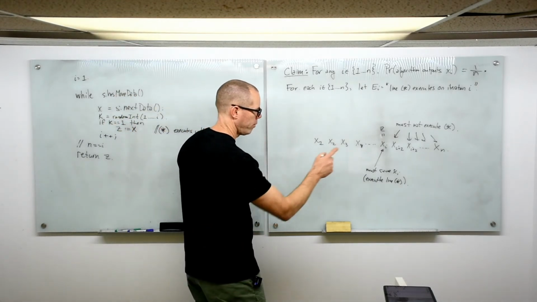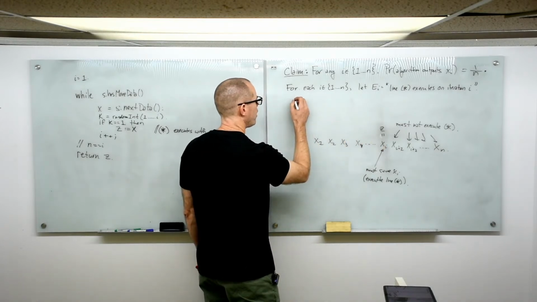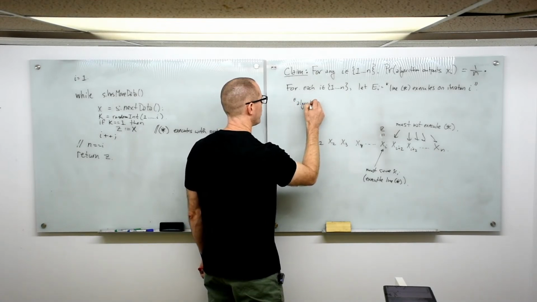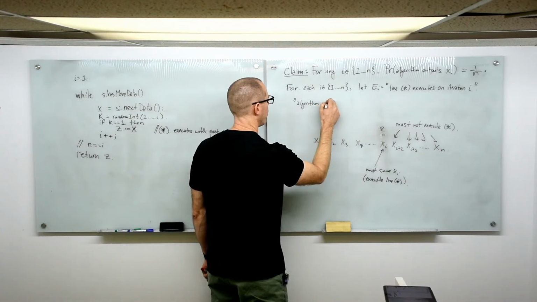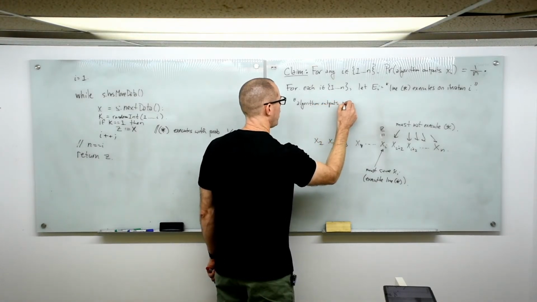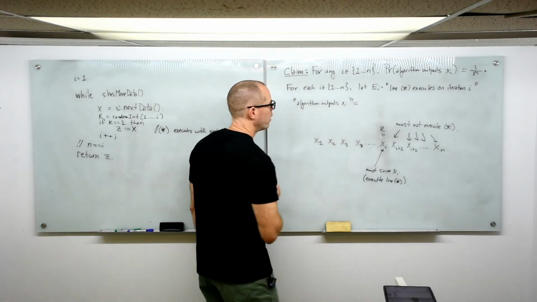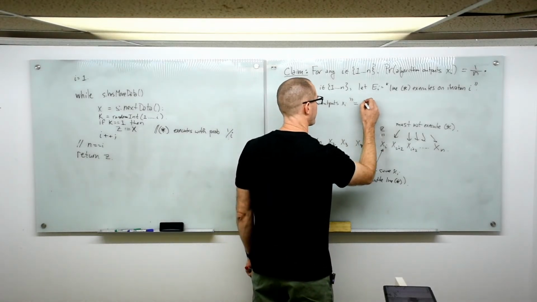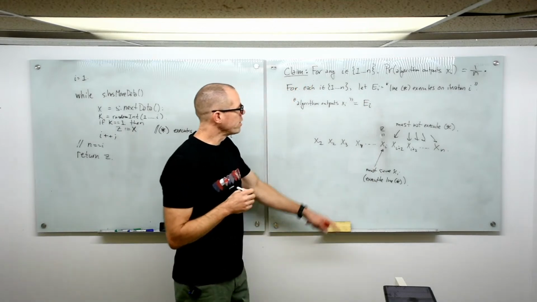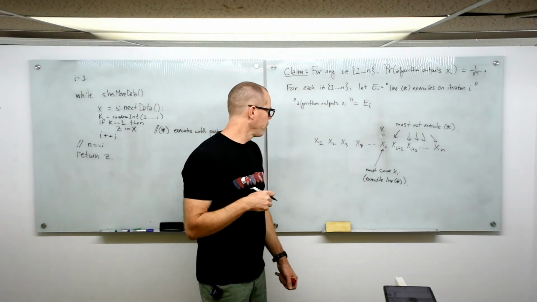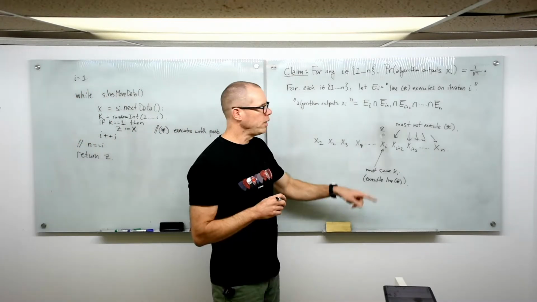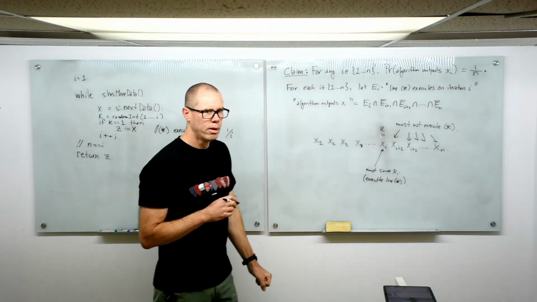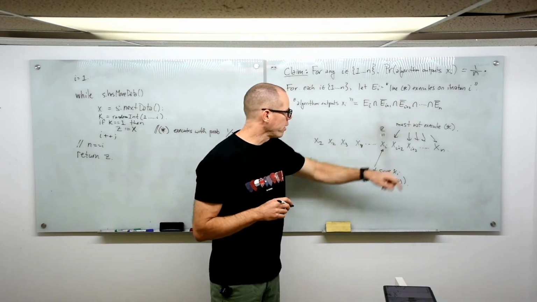From what we just said, the event that the algorithm outputs xi means Ei has to happen. We have to see xi and save it in the variable z. Ei happens, and none of the events Ei plus 1, Ei plus 2, up to En happen. We save it in z, and we never overwrite it again.